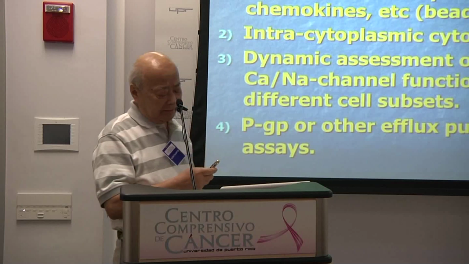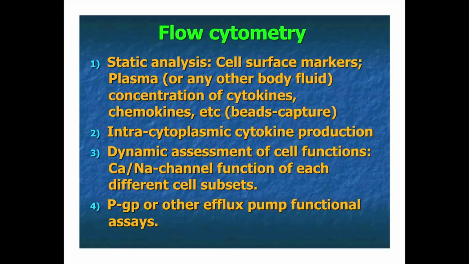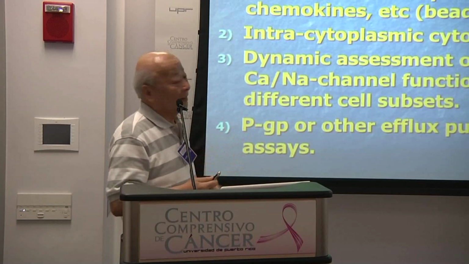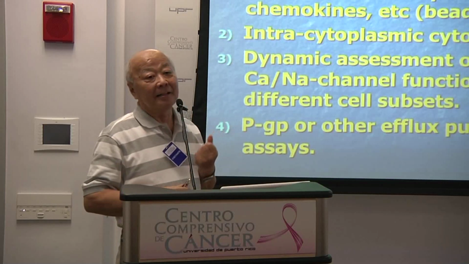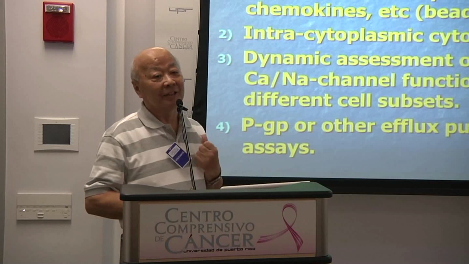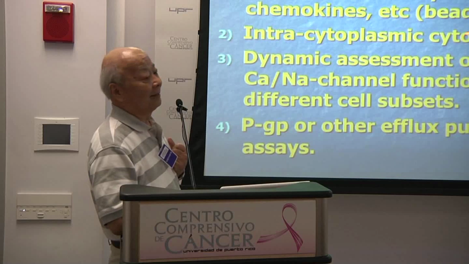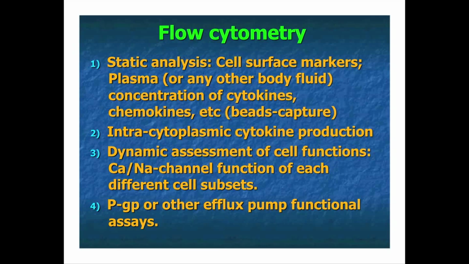So usually what you people are used to, what I would call static analysis. You look at the marker expressions and how many cells with such markers, etc. But I want to emphasize the flow cytometry is not really limited to the static analysis. For example, I'm sure the UCC group also run intracytoplasmic cytokine production.